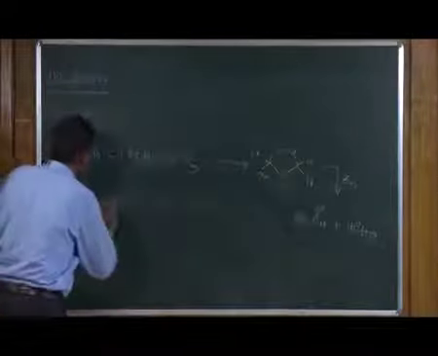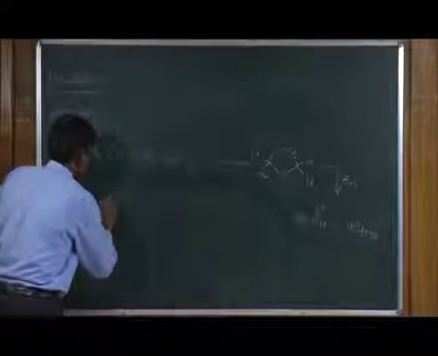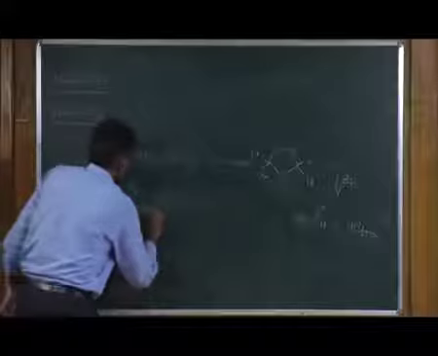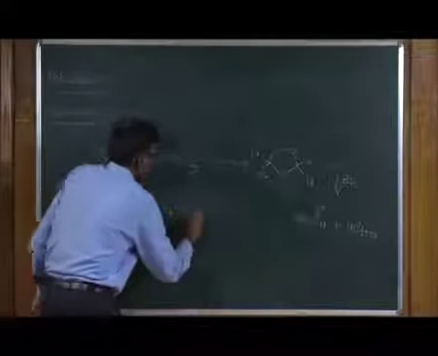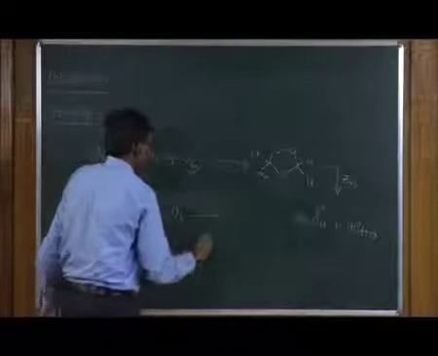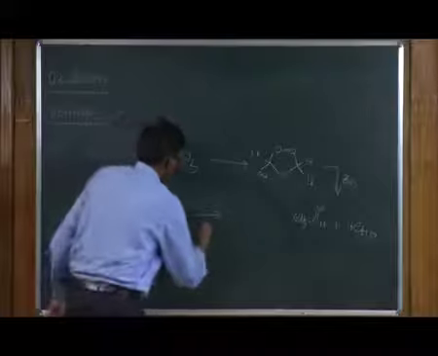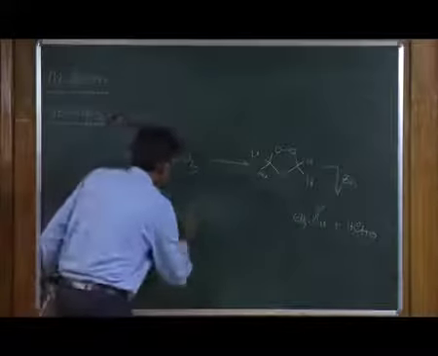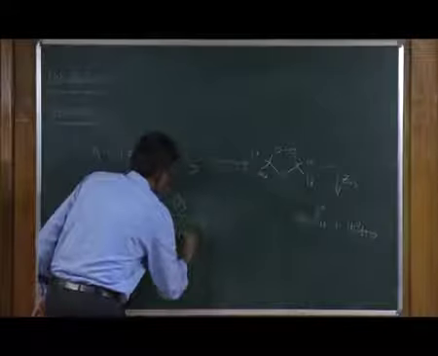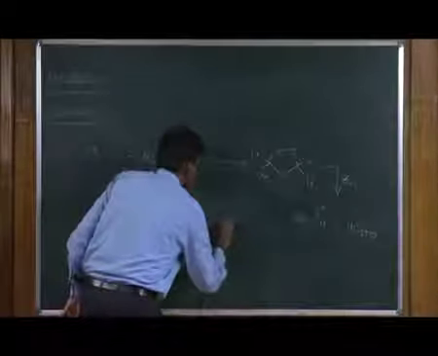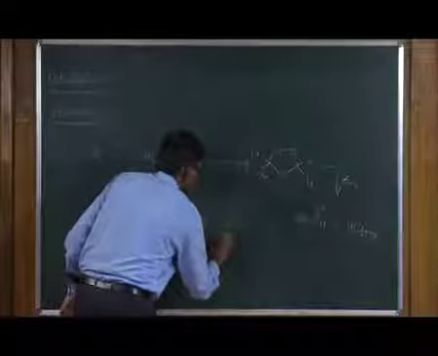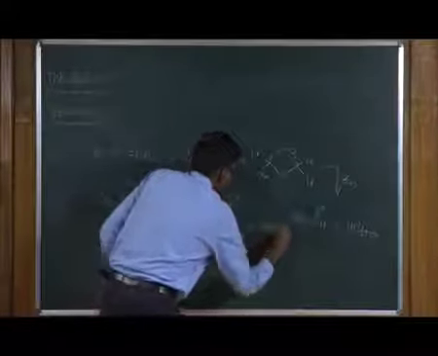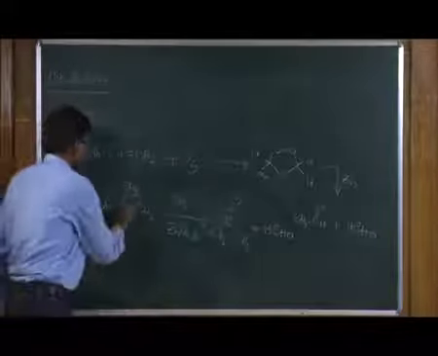Similarly, when you react this substituted alkene, for example, this one, when you treat with ozone and followed by zinc, in this case, you will get acetone and formaldehyde.